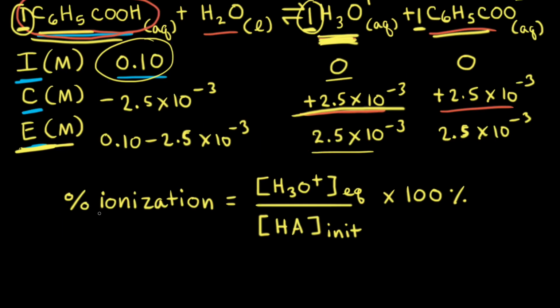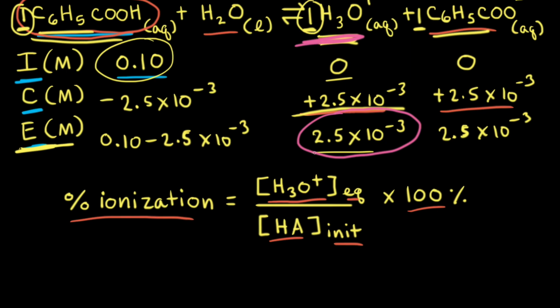So the equation for percent ionization is equal to the equilibrium concentration of hydronium ions divided by the initial concentration of the acid HA times 100%. Looking at our ICE table for our benzoic acid problem, the equilibrium concentration of hydronium ions was 2.5 times 10 to the negative third molar, and the initial concentration of our acid was 0.10 molar.